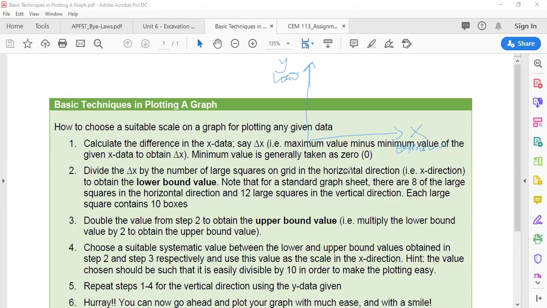Tell me what is the minimum value for the X data and what is the maximum value? You can put your answer in the message box. Minimum for the X data first.